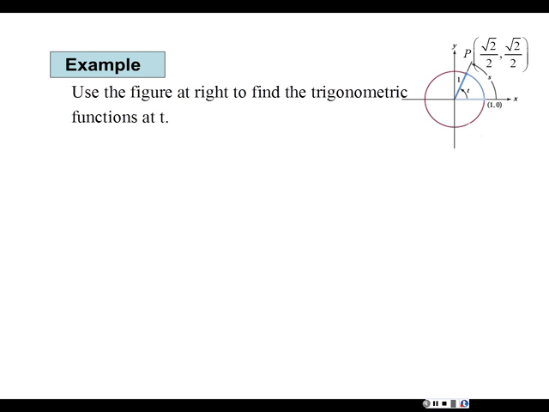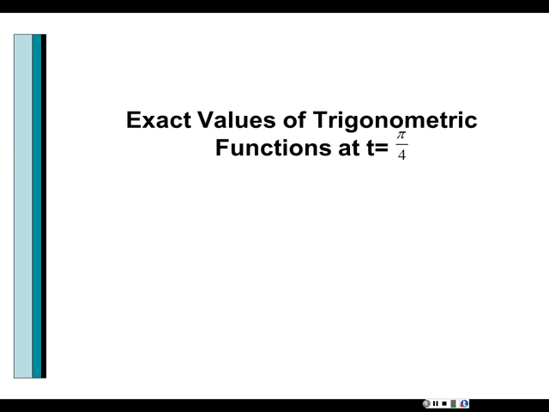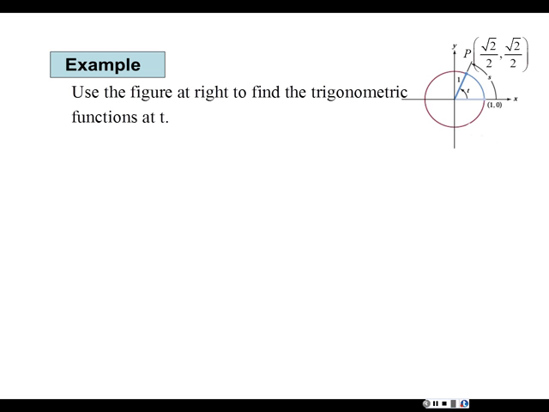And the question is still a similar question. We are asking what will be the exact value of trigonometric functions at t equals pi by 4. Now use the figure at the right to find the trigonometric functions at t. We can still do that, and this is a similar problem to what we just did. The only thing which is new is look at the P here.